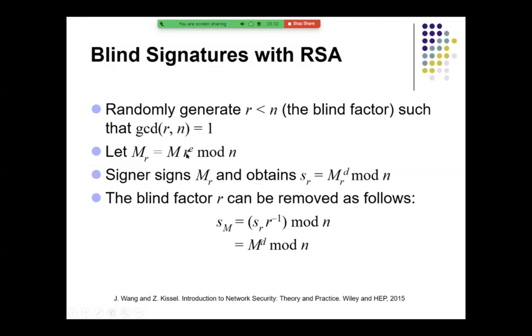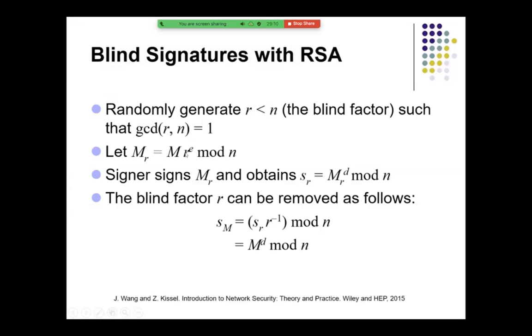So the idea then is I am going to hide M inside another message, M sub R in this case, by using a blind factor R. That blind factor R, which is less than N, is an integer such that R and N are relatively prime. Because R and N are relatively prime, the inverse of R mod N exists.